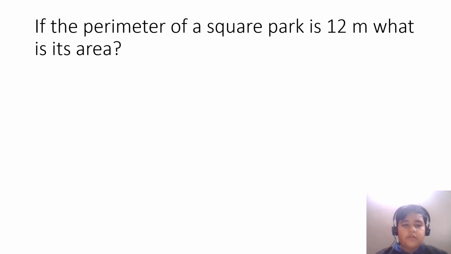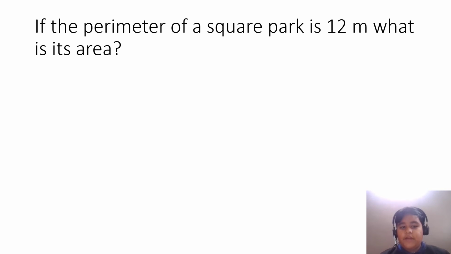Now we will see more questions. First, if the perimeter of a square park is 12 meter, what is its area? Now the question is saying the park is of square shape, which means all the sides of the park are same. And if its perimeter is 12, perimeter means the sum of all the sides.